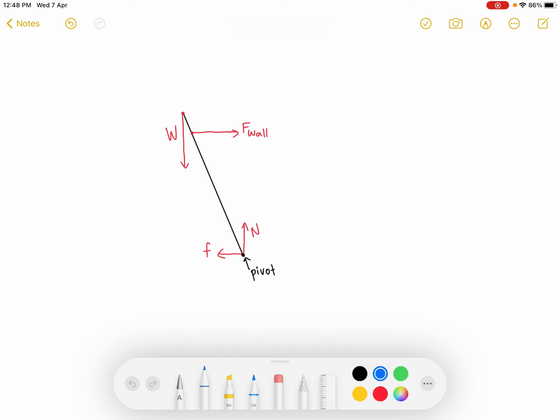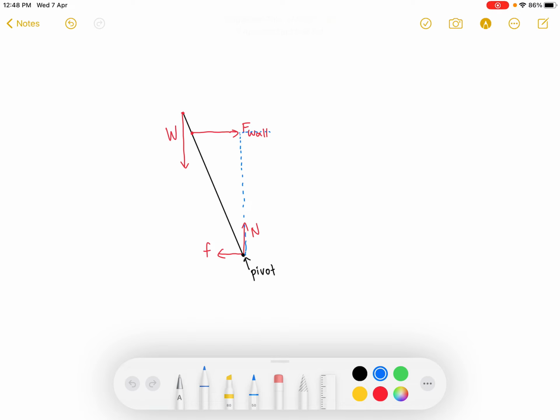The lever arm goes from the force to the pivot point, and it's perpendicular to the force. So we have here the force exerted by the wall. You can extend that force and draw a line perpendicular to the force and passing through the pivot point that you've chosen.